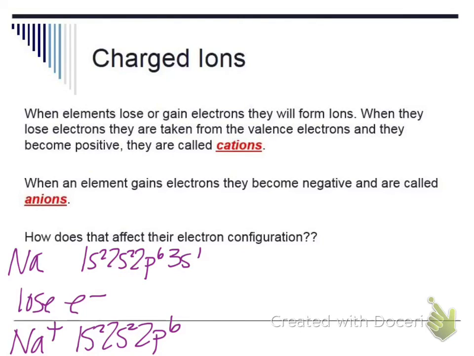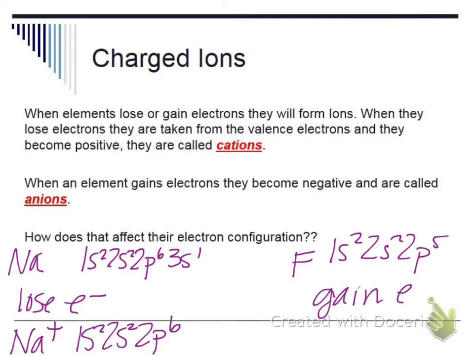Okay. Now let's look at fluorine. Fluorine's configuration is 1s2, 2s2, 2p5. Fluorine likes to gain an electron. So now it has an F with the -1 charge.